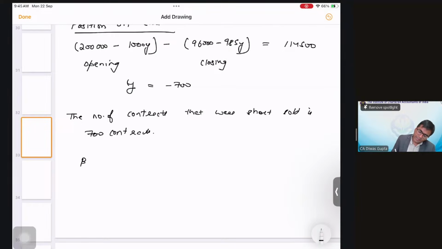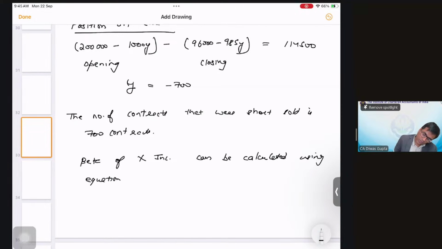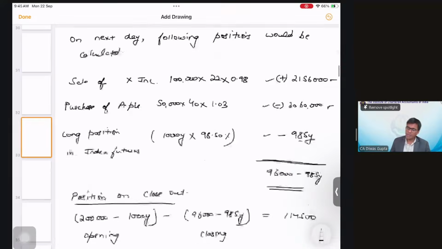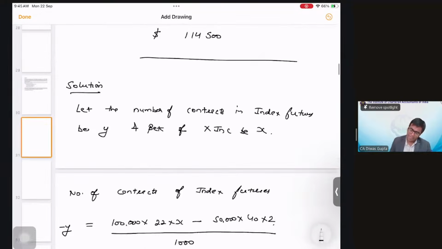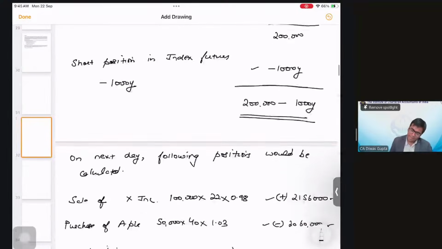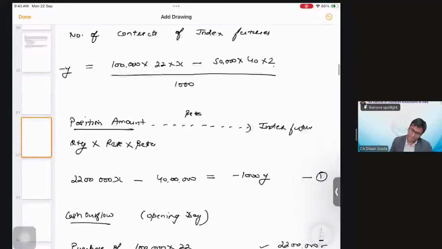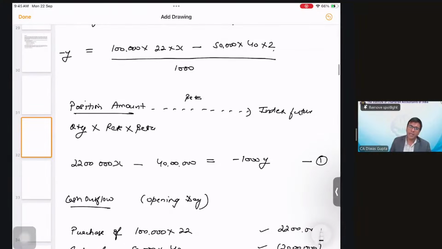And hence the beta of X Inc. can be calculated using equation 1, which was this one, right? Which was 22 lakh X minus 40 lakh is equal to minus 1000Y.